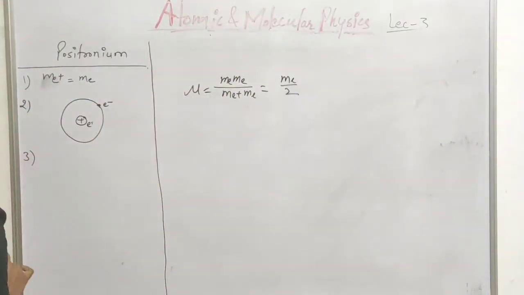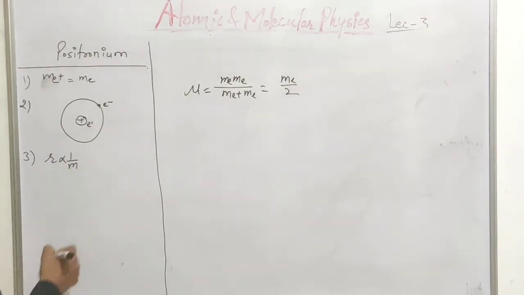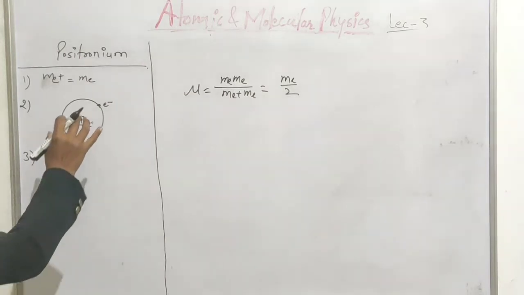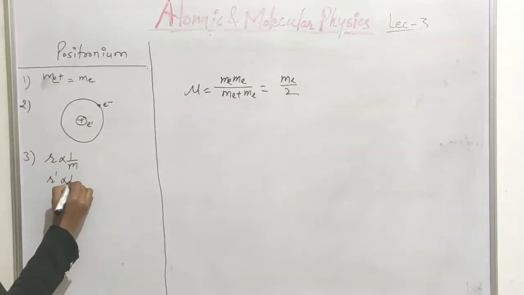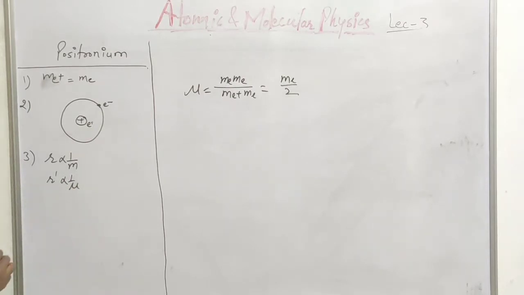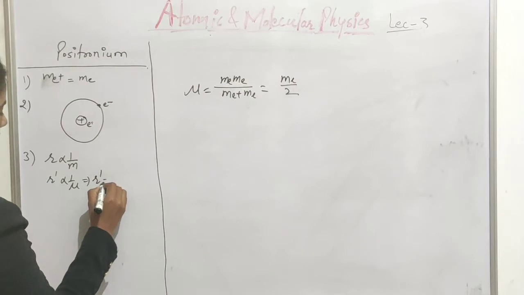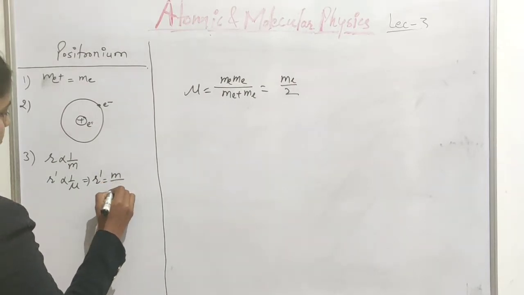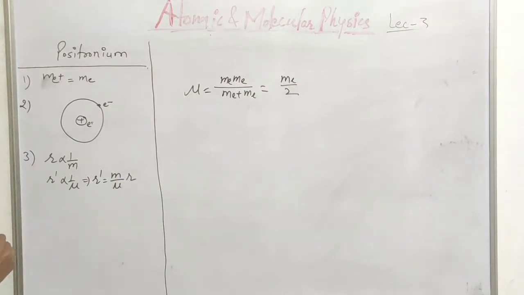So now let me find the value of radius. You know that radius is inversely related with the mass. So if you consider the reduced mass, then the radius will be dependent on this. So r dash will be m over mu into its original radius.